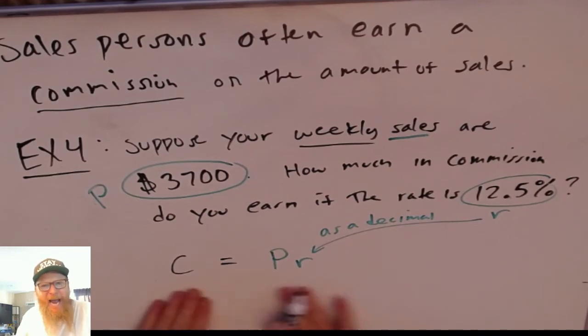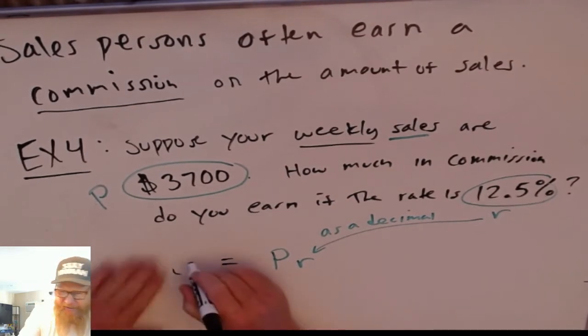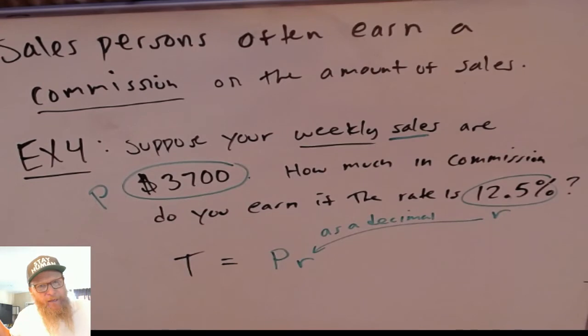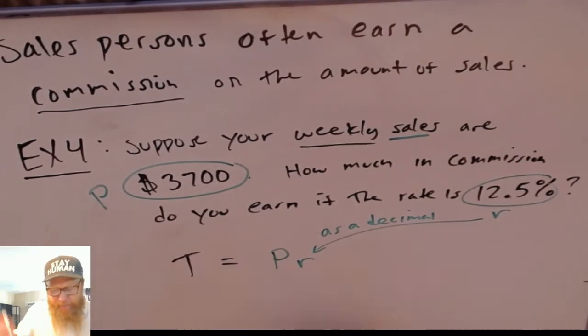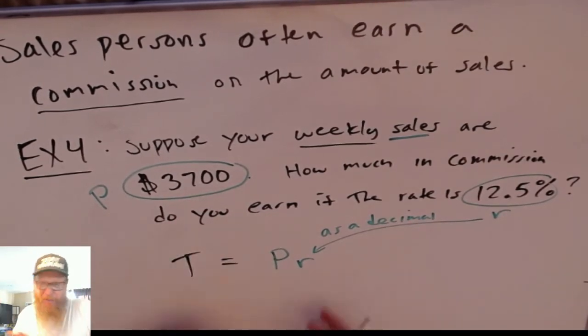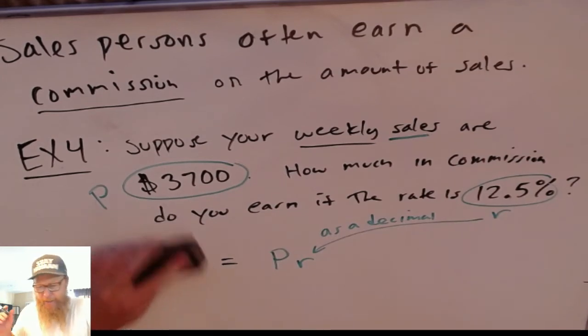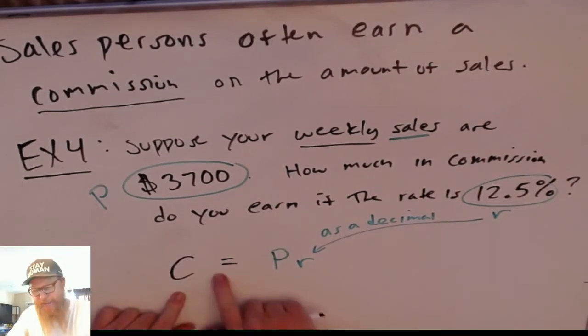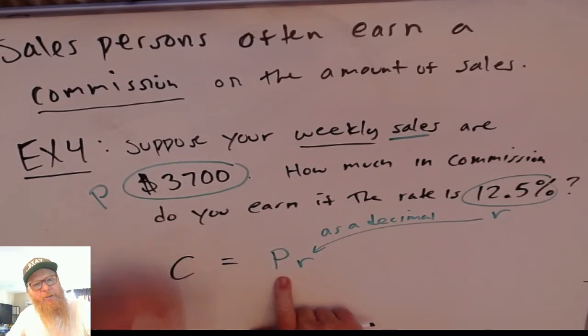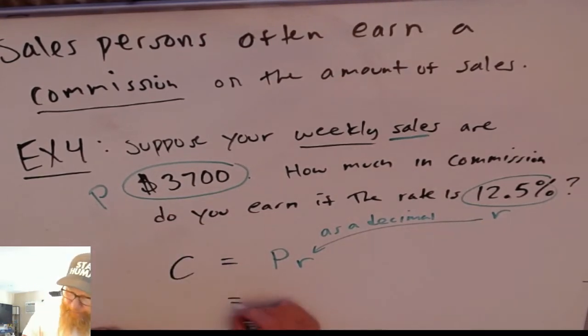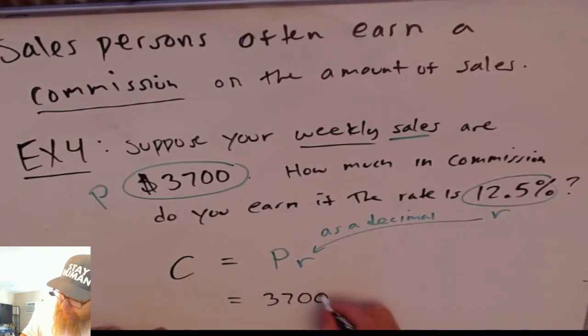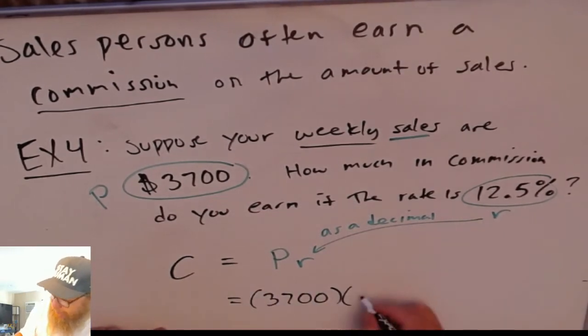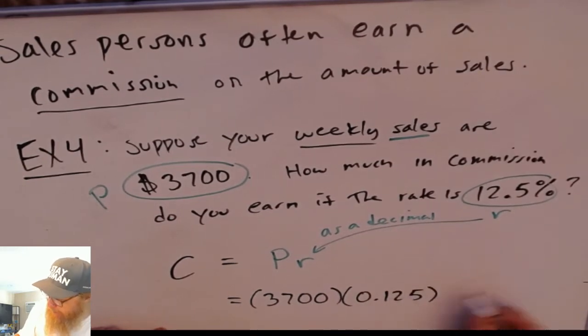Notice this is exactly the same formula as tax. Yeah, it's also the same formula as tip. It's also the same formula as a markup. Okay. So commission is the principal amount, or how much you produced in sales, multiplied by the interest rate. So $3,700 times 0.125.